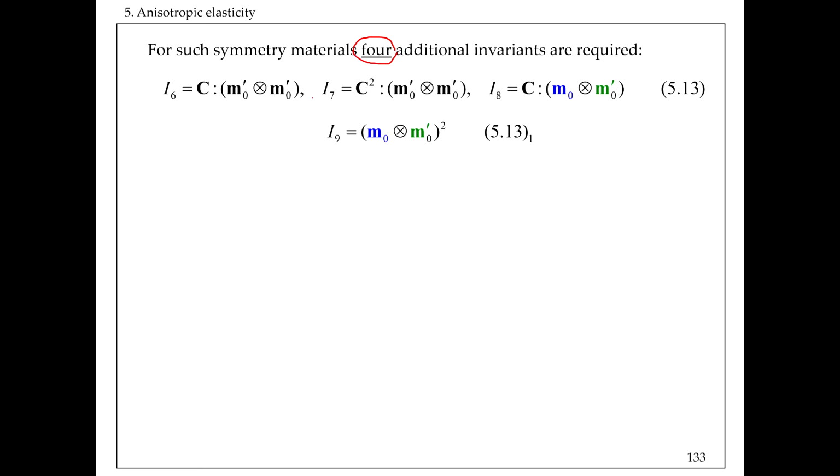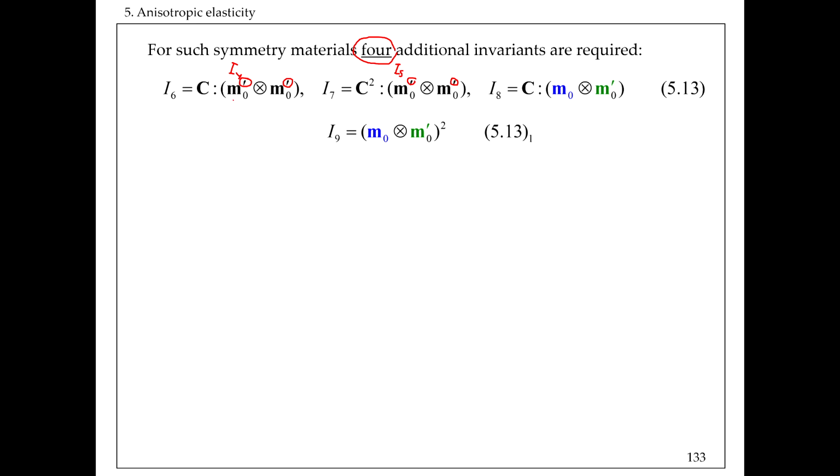To express them, you will see the following: I6 and I7 are almost the same as I4 and I5, right? With the only difference being that you have here M tag instead of M0. They are exactly the same, just for a different structure tensor.